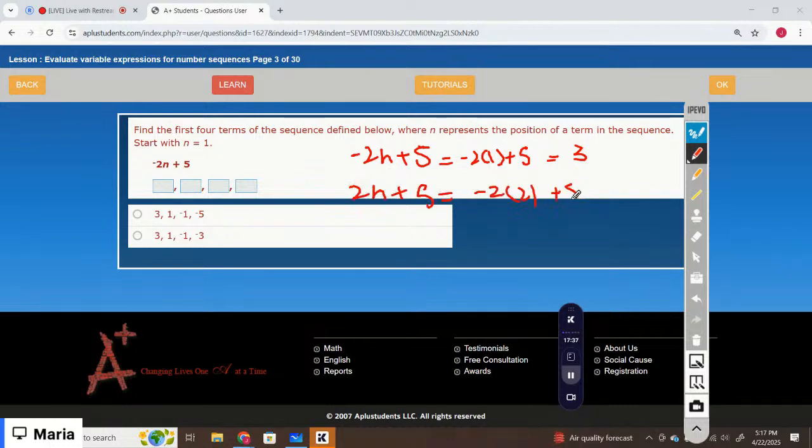Negative 2 times 1 plus 5, 5 minus 2 is 3. Negative 2 times 2 plus 5, 5 minus 4 is 1. Negative 2 times 3 plus 5, negative 1. So that is 3, 1, negative 1, and negative 3. Option number 2 is the correct option.